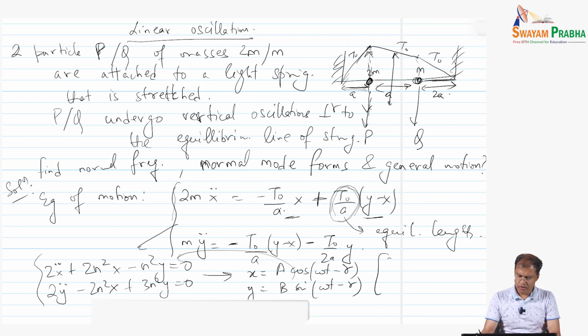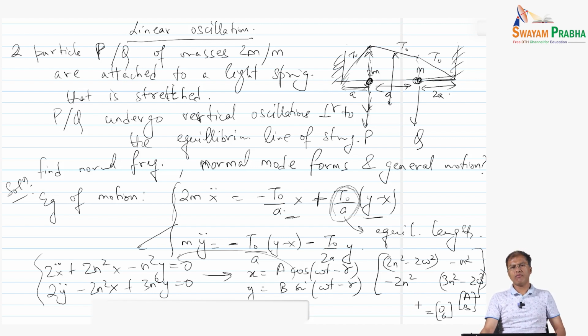We have 2n square minus 2 omega square, minus n square, and we have minus 2n square, and the last term is 3n square minus 2 omega square. Okay, and times A and B, the vector, this is set equal to 0, 0.